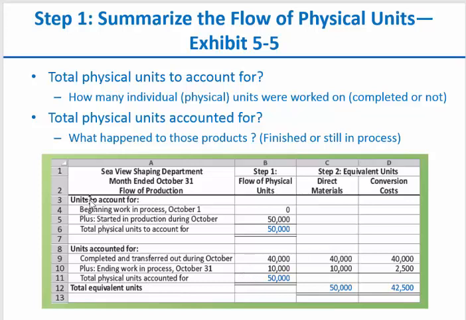When you work on the units to account for and units accounted for, you should end up with the same number of physical units. You should have 50,000 units for units to account for, as well as 50,000 units for units accounted for. So these 2 numbers should be identical. The first one tells you how many total physical units I will focus on. The second one tells you the status of these physical units. Are they completely transferred, or are they left in the ending inventory?